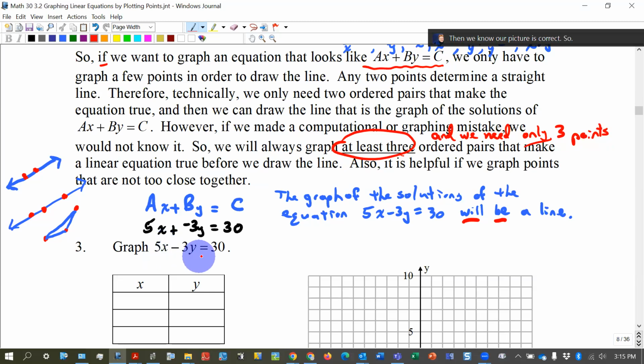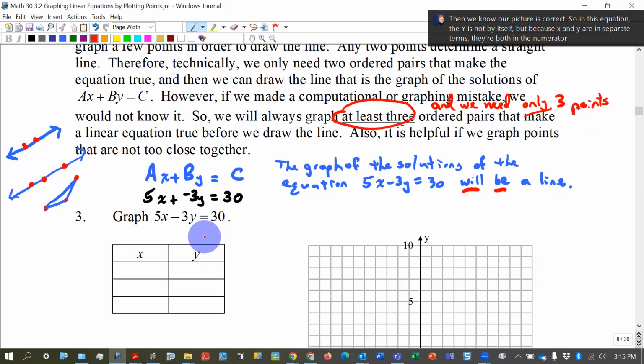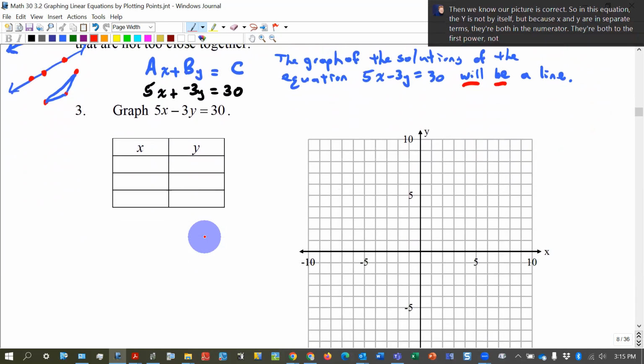So in this equation, the y is not by itself, but because x and y are in separate terms, they're both in the numerator, they're both to the first power. Not only do we know that the graph is going to be a straight line, we also know that if we can pick a number for x, we can calculate the corresponding number for y by using algebra.